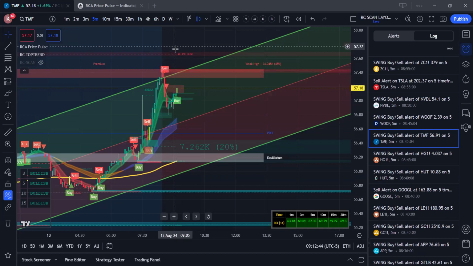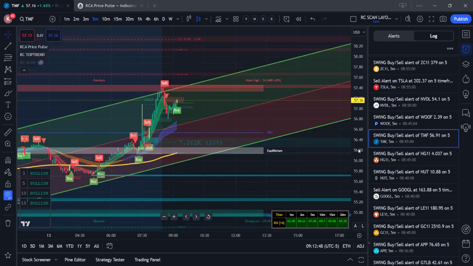So there is, right? It may go all the way till 57.66. If it breaks that, it can go to 58.2 or 58.3.